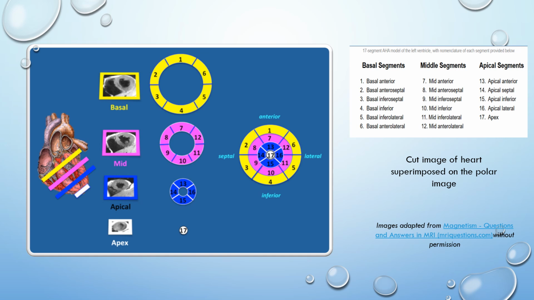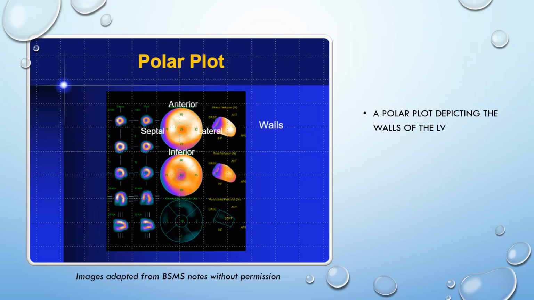And then we have the apical section in the blue that cuts the heart into 4 segments, and then the apex, which is usually at the center, leaves the heart with the 17th segment. And of course, we appreciate that the top is the anterior, the bottom is inferior, to the right is the lateral, and to the left is the septal.